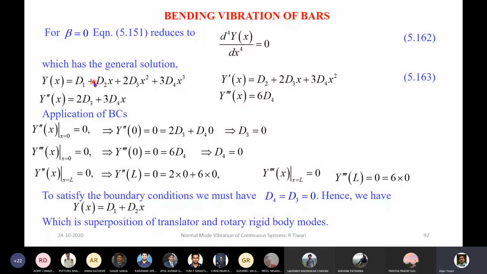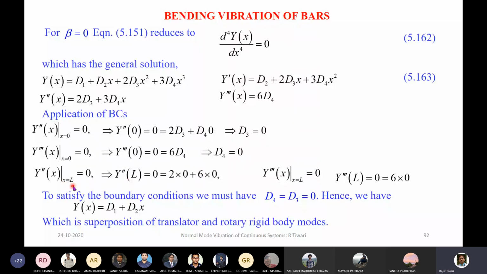For the free case, we know that at x equal to 0, bending moment is 0, so the double derivative is 0. So if we set the double derivative to 0, we'll get this. So here we are getting d3 is equal to 0. Similarly, at x equal to 0, shear force is 0. This term is giving d4 is also 0.